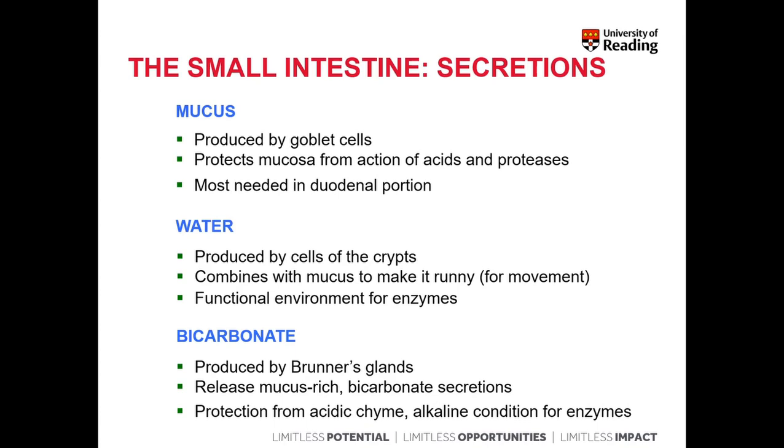And this is very useful for protecting against the acidic action of chyme leaving the stomach, and it also generates those more alkaline conditions where the pancreatic enzymes, or the digestive enzymes in general, which act in the small intestine, can actually work.